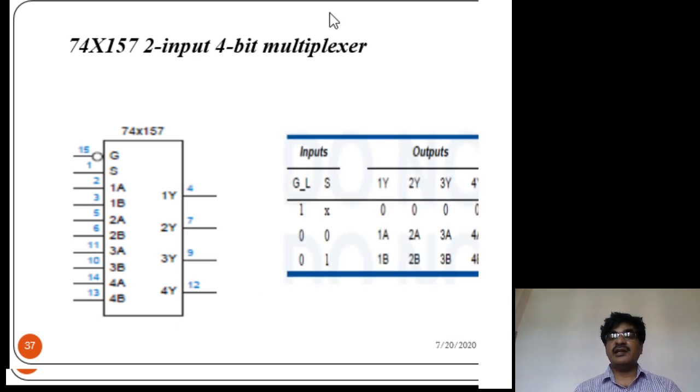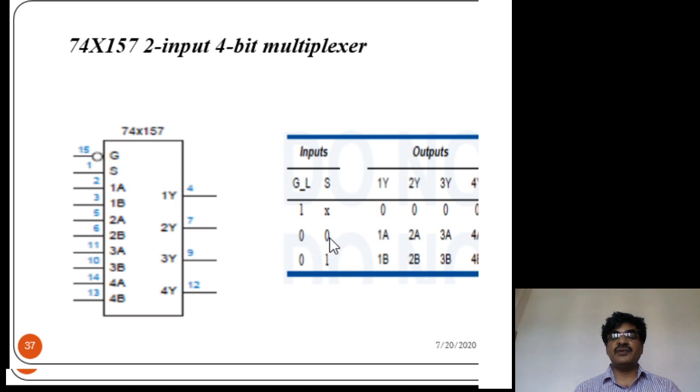If the enable value is 1, that is GL, since it is active low, the enable input is active low, but the value is 1, so the IC is inactive. Whatever the select line data, the output is simply at 0, inactive state. Suppose the enable value is 0, then it checks the select line data whether it is 0 or 1.